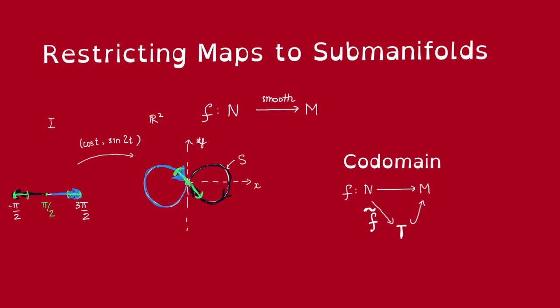It's the image of the union of these two intervals, and these are both open, so this is open. However, its pre-image also contains the point π/2, and that's an isolated point, so its pre-image is actually not open. Thus if we restrict the codomain, then the map is not even continuous. So how can it be smooth?